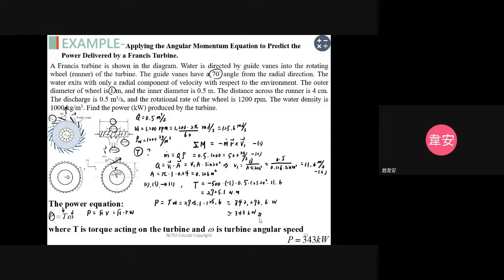Okay, so this is very useful if we can apply the angular momentum equations. It's very useful to predict the power for these problems.